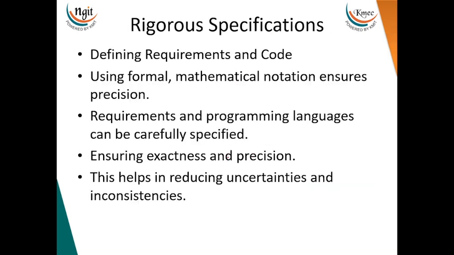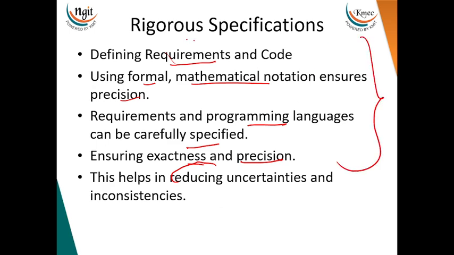And rigorous specification: define requirements and code using formal mathematical notation to ensure precision. Mathematical requirements and programming languages can easily be specified, ensuring exactness and precision. It should be exact and very precise. This helps reduce uncertainty and inconsistency in the software.